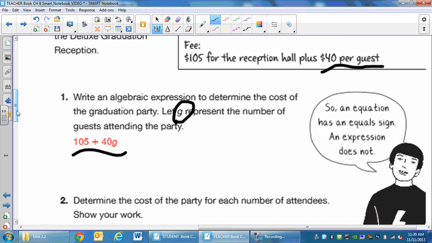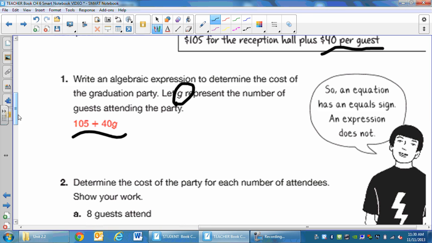Let's see number 2. Determine the cost of the party for each number of attendees. Show your work. So it tells us 8 guests. If 8 guests attend, I'm going to use my algebraic expression. I'm going to plug in for my variable, which is 8. So I would do 105 plus 40 times 8. So 40 times 8. 4 times 8 is 32. And then I'm going to add a 0.